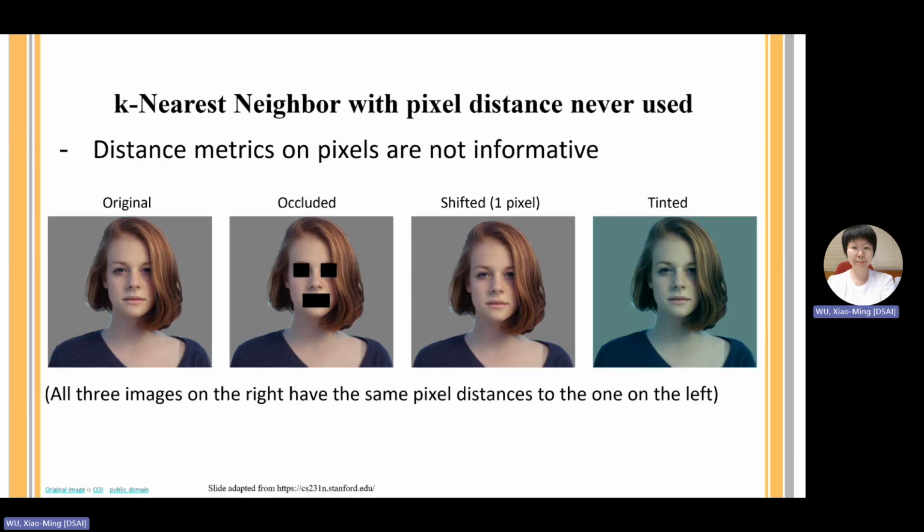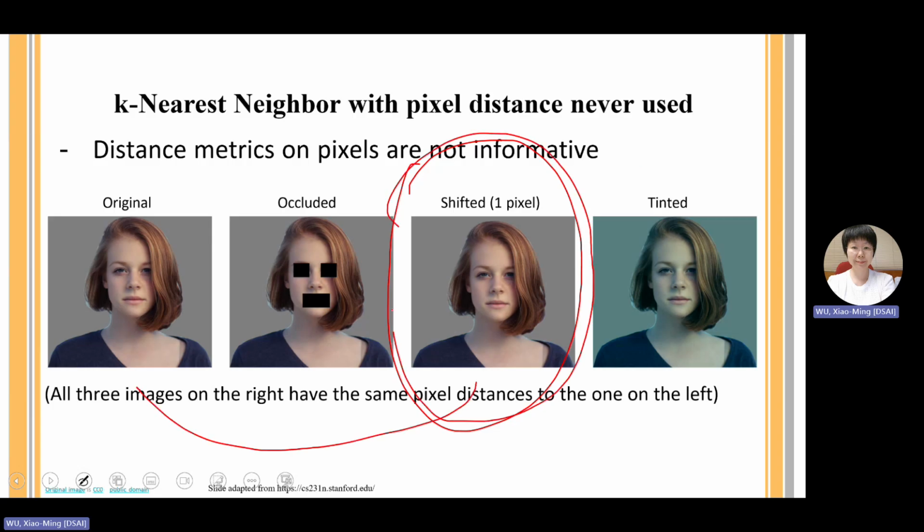Among the three modified images, which one do you think is the most similar to the original one? The second one, right? The shifted version. There's barely any difference from the original one, so it preserves basically all the features within the original image. So it should be the most similar to the original one.